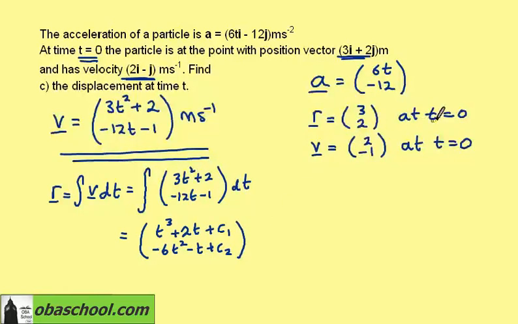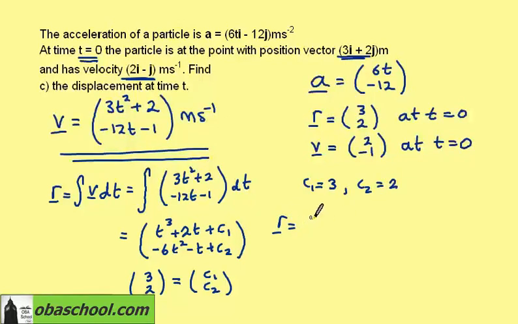We have this information, so r is (3, 2) when t equals 0. If t equals 0, we just get left with c1 and c2, which tells us that c1 is equal to 3 and c2 is equal to 2.